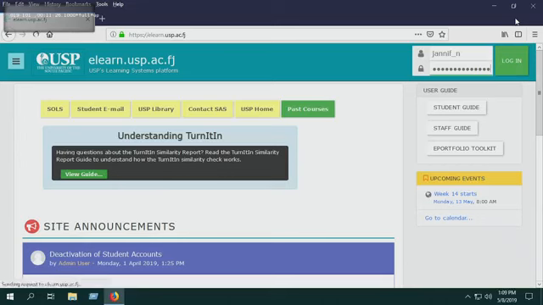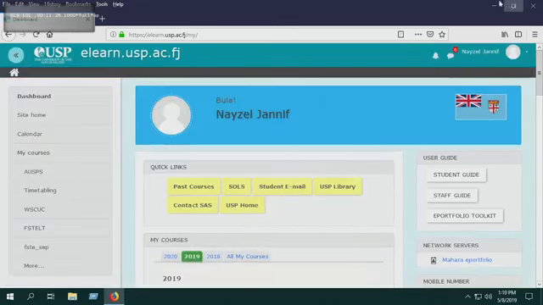Then all you do is submit your report. When is the report due?